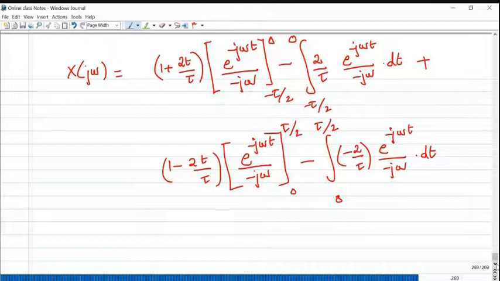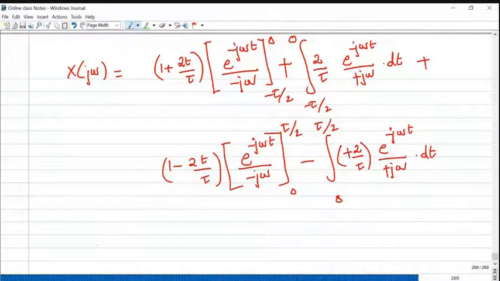Now again do the integration. In this step, shall I make this minus a plus? Here this minus will be cancelled.